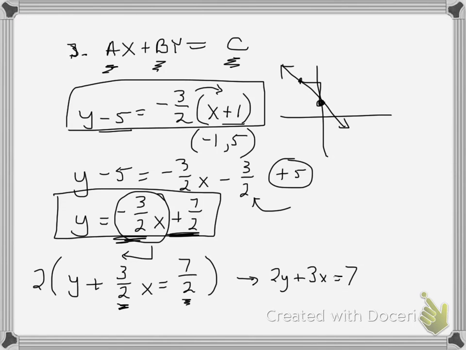Because when I multiply by 2 and I'm multiplying my x term, the 2's cancel out and I'm left with an integer 3x. When I'm multiplying the constant on the right side, the 2's cancel out and I'm left with the integer y. Now that we're almost there, by convention we want the x term to go first, so we would write 3x plus 2y equals 7.